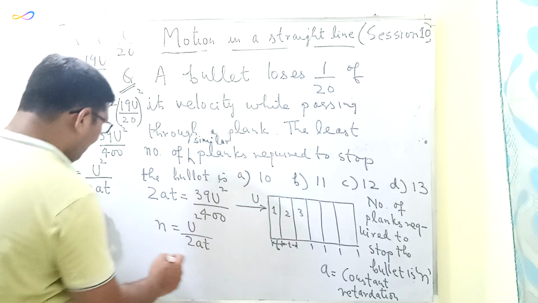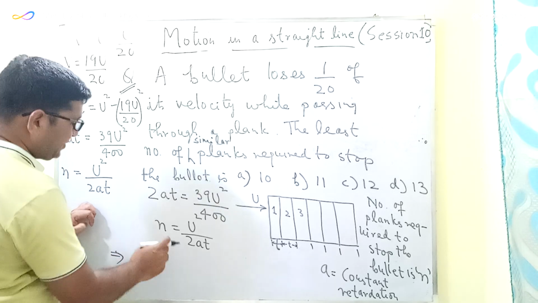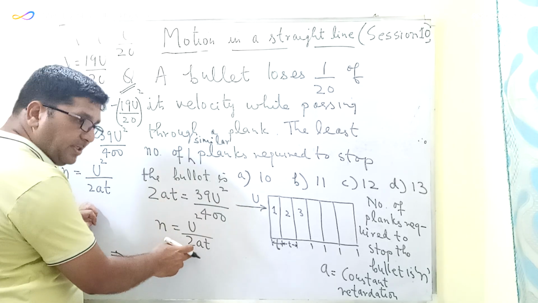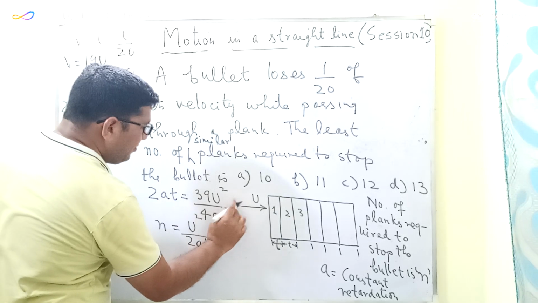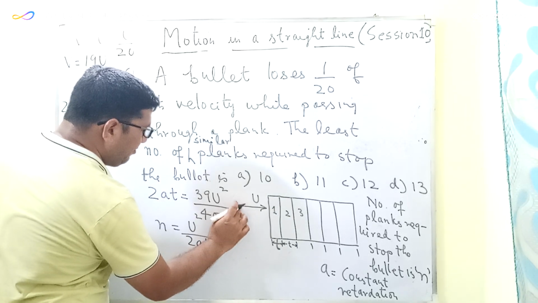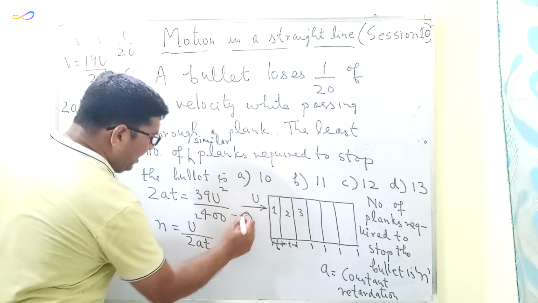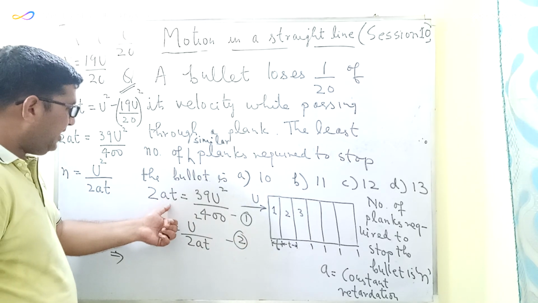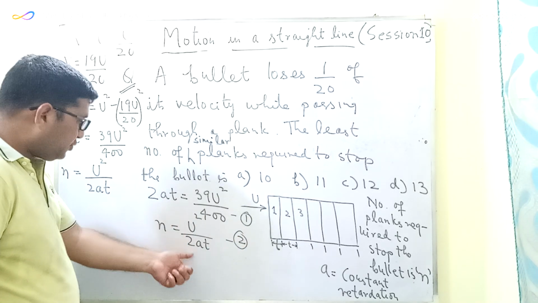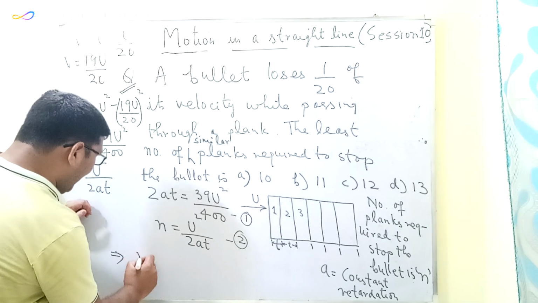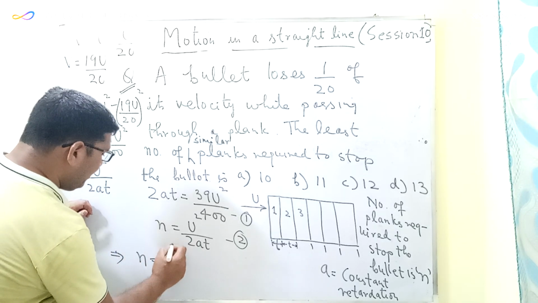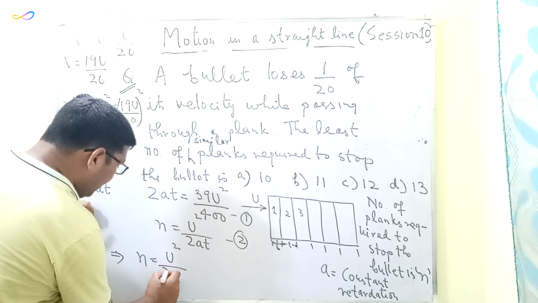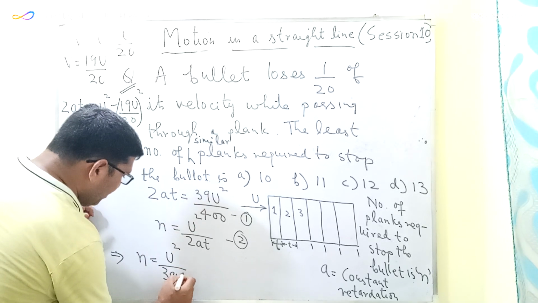Let us say this is equation number 1 and this is equation number 2. By substituting the value of 2at in equation number 2, I will be getting the value of n as u square divided by 39u square by 400.